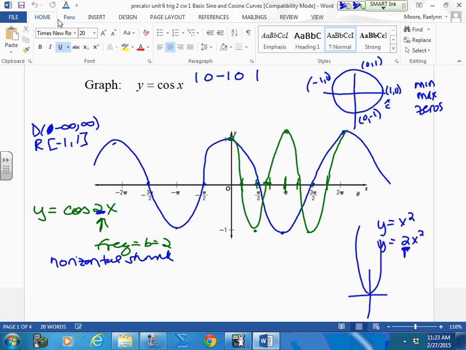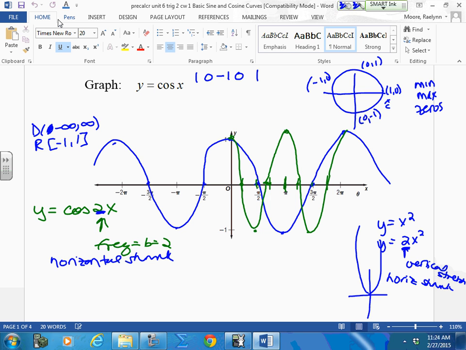Anybody remember what an accordion looks like? When you pull it out, you stretch it. When you push it in, you shrink it. This still we can call a horizontal shrink, but we tended to call it a vertical stretch. Okay? So in trig, we're going to call this guy a horizontal shrink. And I put that on your transformation sheet.